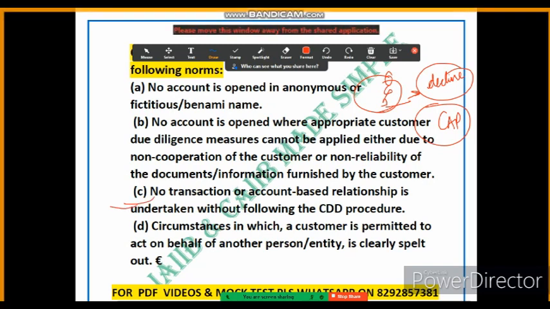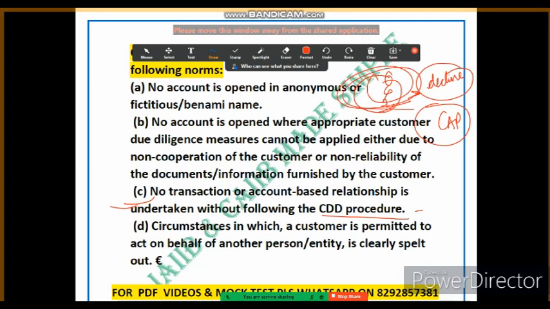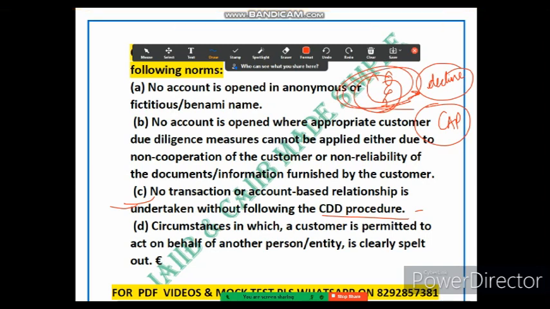Let's discuss the third point. The customer acceptance policy mandates that no transaction or account-based relationship should be established without following the proper CDD procedure. We have already discussed it. Let me give an example. Suppose there is a customer who wants to perform a large financial transaction or wishes to open an investment account.